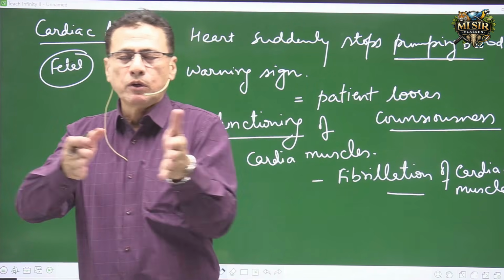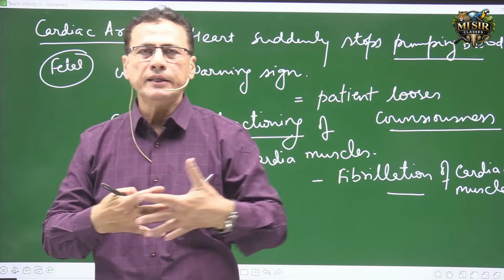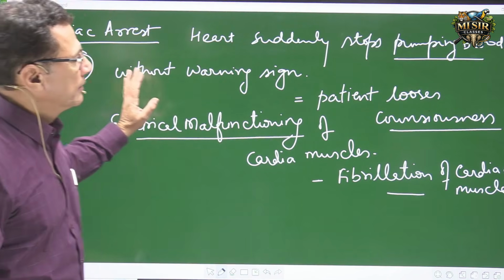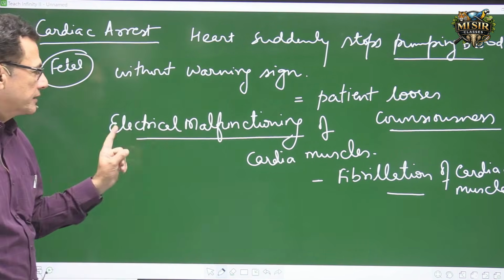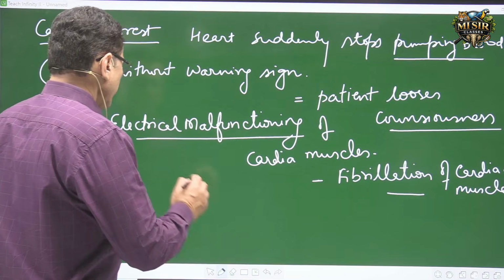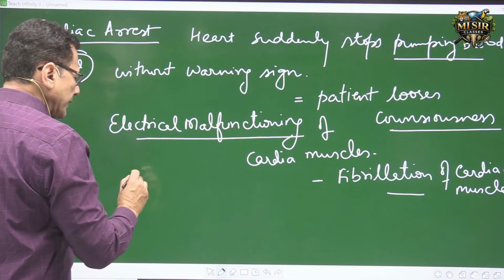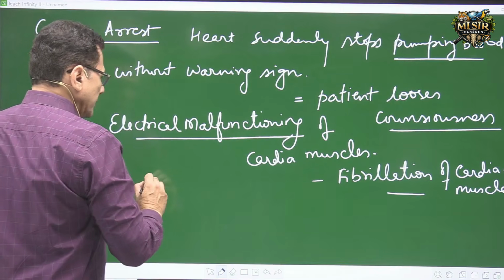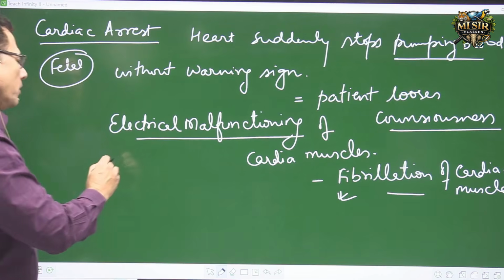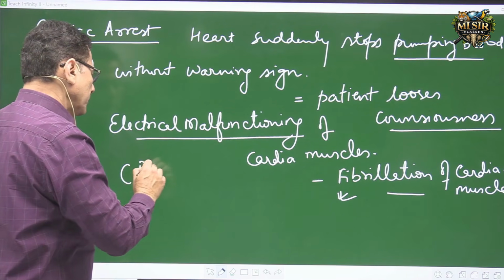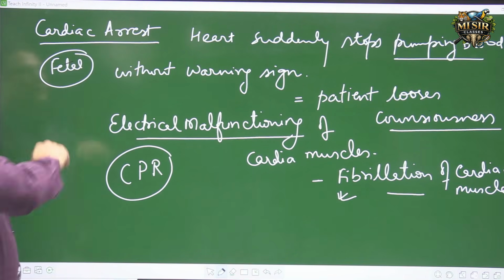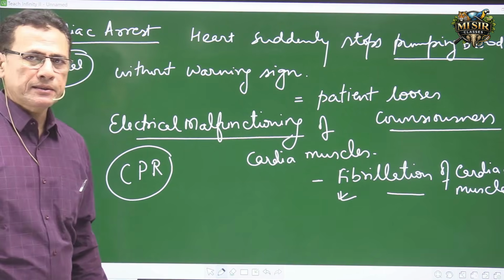SA node, AV node, bundle of His, Purkinje fibers. The chaotic electrical activity leads to cardiac arrest. It is a fatal condition. Electrical malfunction, that is what I have underlined. This is the minimum point which we must learn to crack the NEET exam. Defibrillators are used to treat cardiac arrest, or CPR, cardiopulmonary resuscitation. CPR is given to bring the patient out from this condition, cardiac arrest.